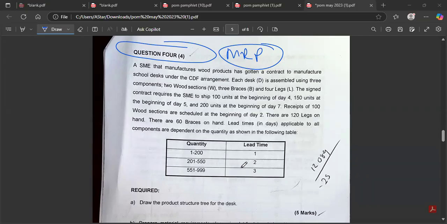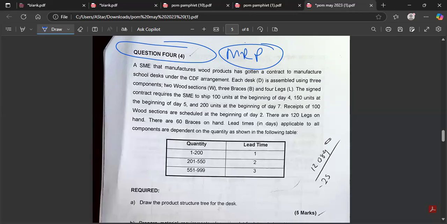An SME that manufactures wood products has gotten a contract to manufacture school desks under the CDF arrangement. Each desk, D, is assembled using 3 components: 2 wood sections, W, 3 braces, B, and 4 legs, L. The signed contract requires the SME to ship 100 units at the beginning of day 4, 150 units at the beginning of day 5, and 200 units at the beginning of day 7.